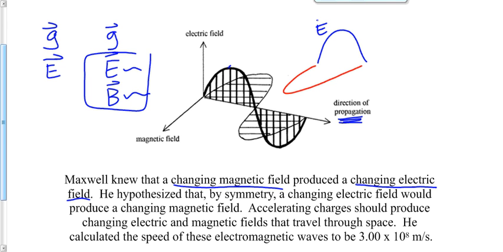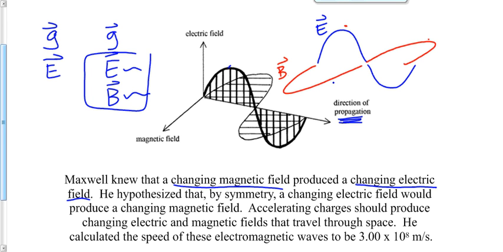This electric field that's changing and this magnetic field that's changing were both produced by the accelerating charge. This electric field that we had will produce a changing magnetic field. So this caused this to happen. This changing magnetic field that we had causes this.